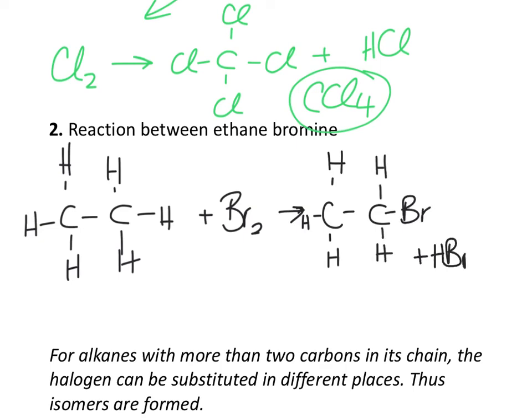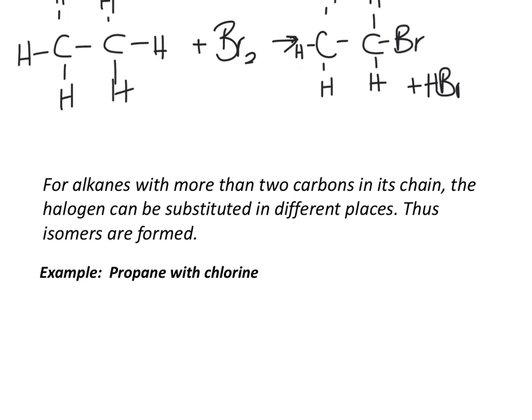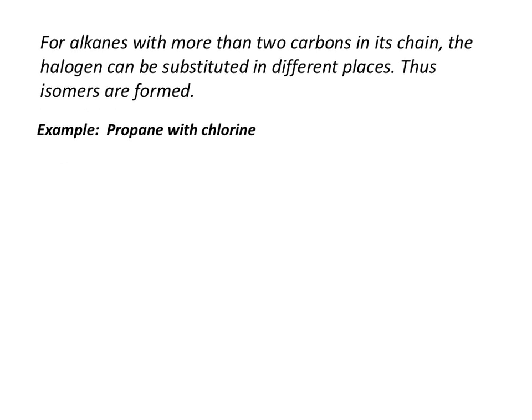Now, for alkanes where more than 2 carbons are in the chain, the halogen can be substituted in different places, so we get isomers. Okay, now please remember that with isomers, the point here is that we will get a major product and a minor product. We will always expect you to do the major product.